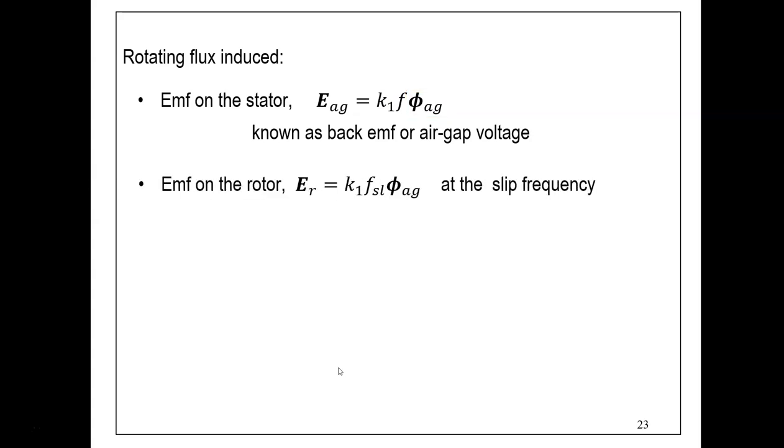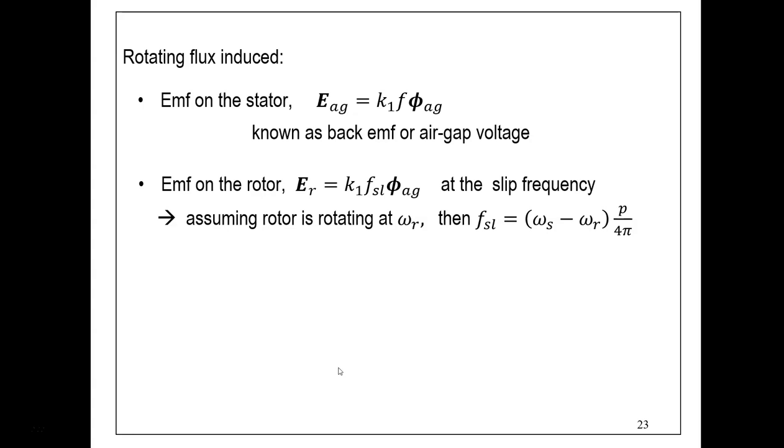The same rotating flux is also going to induce EMF on the rotor. Assuming that the rotor is rotating at some speed, then the frequency of the induced voltage on the rotor will not be at F, but rather at slip frequency, which is the difference between F and the frequency of the rotating rotor.